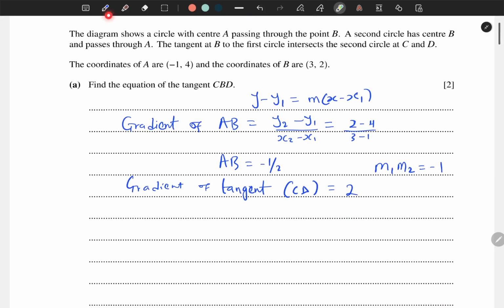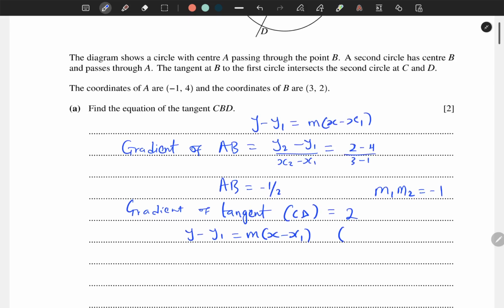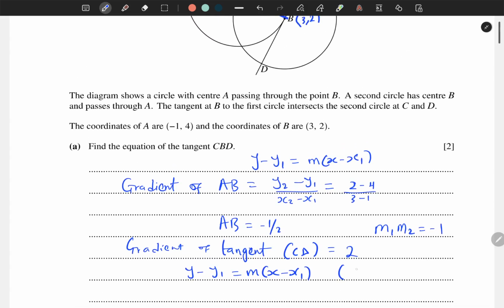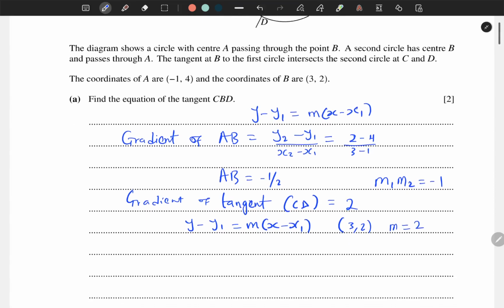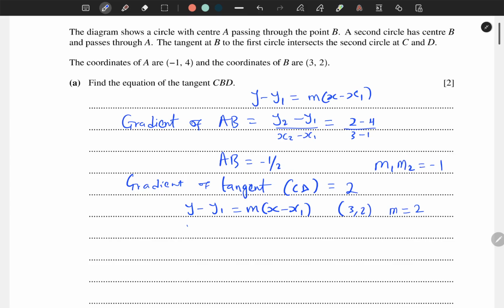So now we have y minus y1 equals m(x minus x1). The coordinates we are using, the coordinates of B, are (3, 2), and the slope is 2. So make the substitution here. This becomes y minus 2 equals 2(x minus 3).